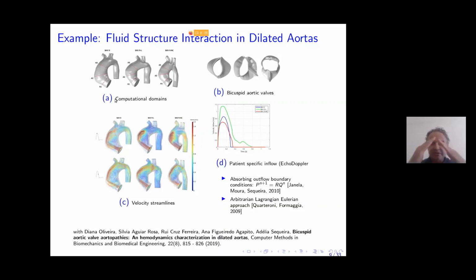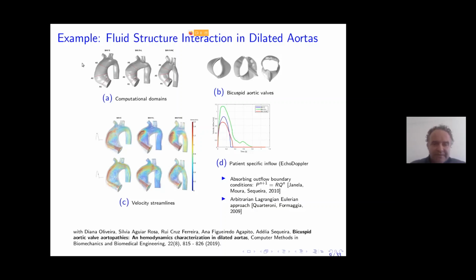So instead of 3 valves, people had only 2 of them, with different shapes. And she wanted to know how this type of methodology could give further insight, understanding what happens with the fluid in these cases. Diana Oliveira was a researcher at CIMAT. She is now finishing her PhD in Birmingham. She was enrolled with us in this task.